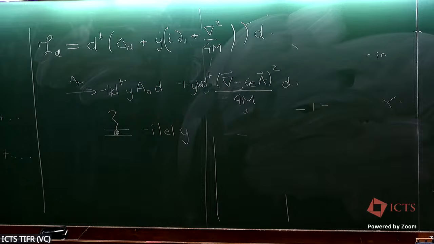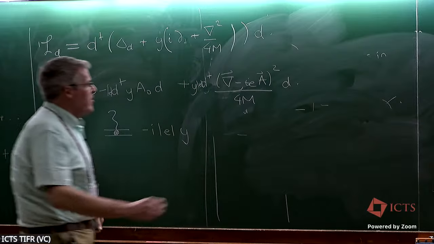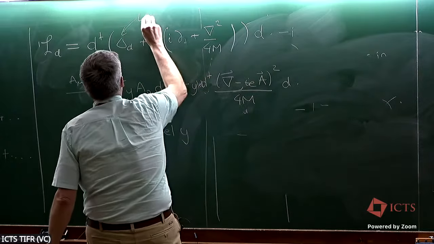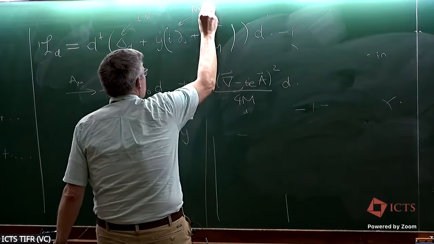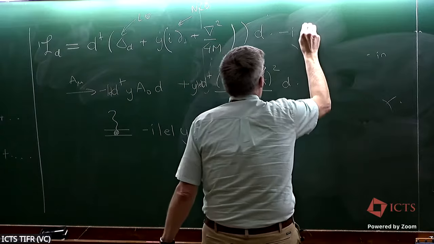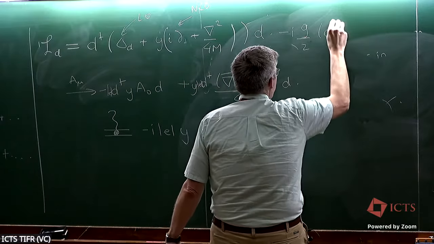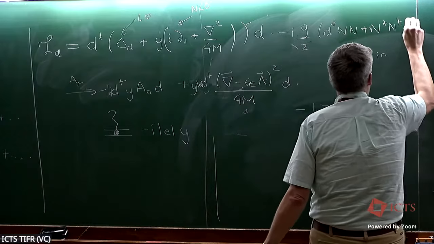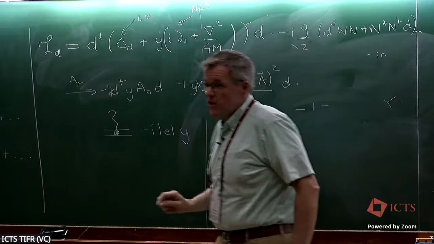So the vertices: this is the kinetic part of the dimer Lagrangian, this is leading order, and this gets added at next to leading order. But this part of the theory doesn't change between leading order and next to leading order.